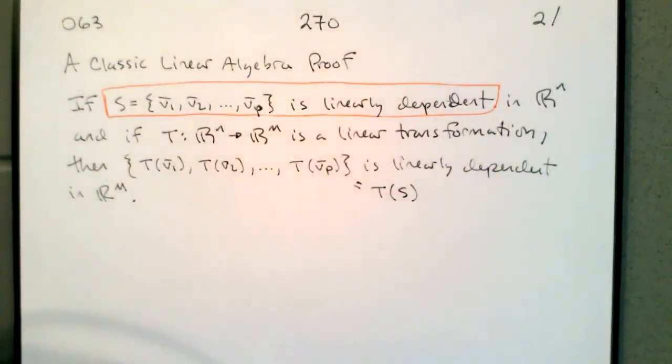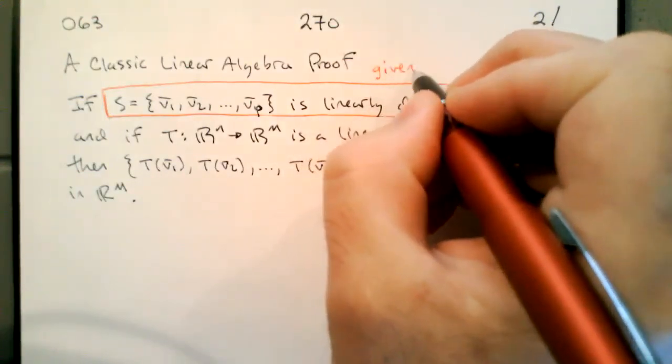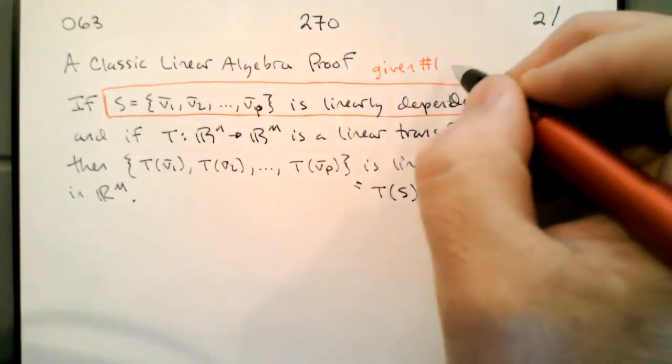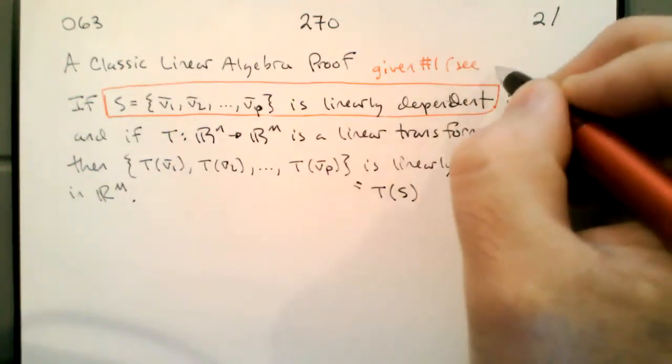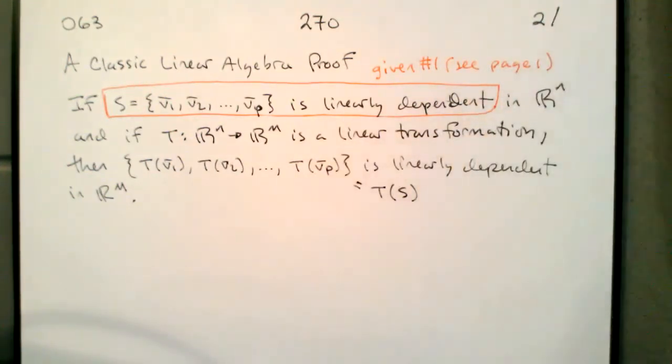So here, this is one of our givens. This tells us stuff, see on the previous page. That tells us a bunch of stuff. Our other given, our second given, is that T is a linear transformation. There's given number 2.